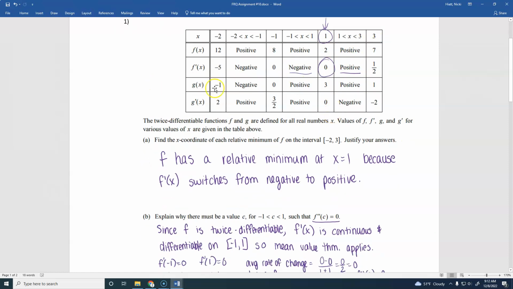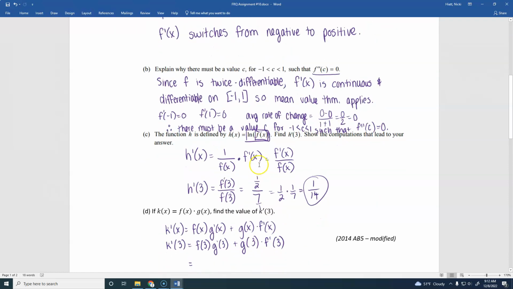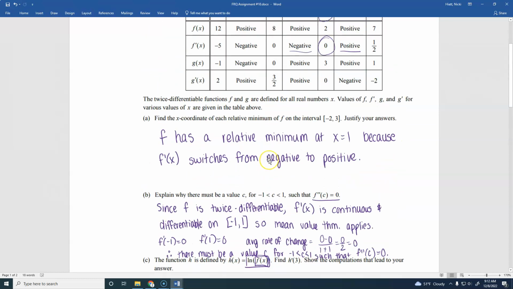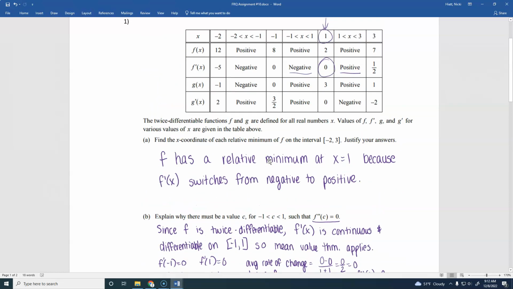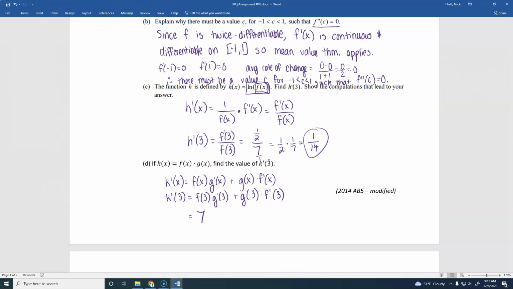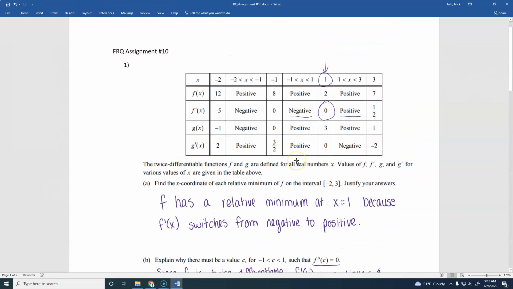All right, so we got f of 3 is 7. g prime of 3 is negative 2. So 7 times negative 2 plus g of 3 is 1 and 1/2.